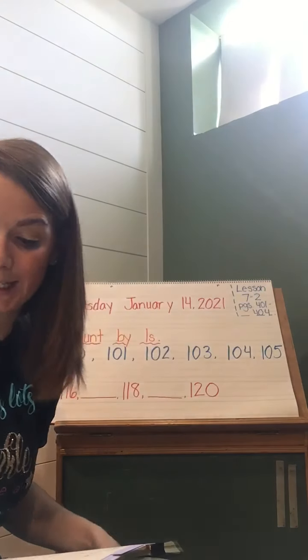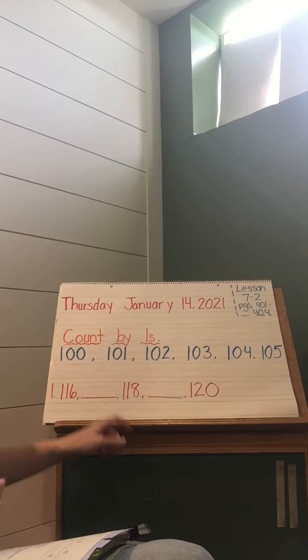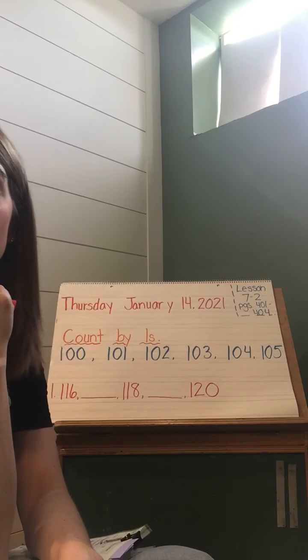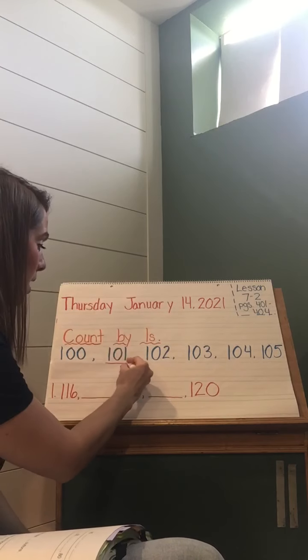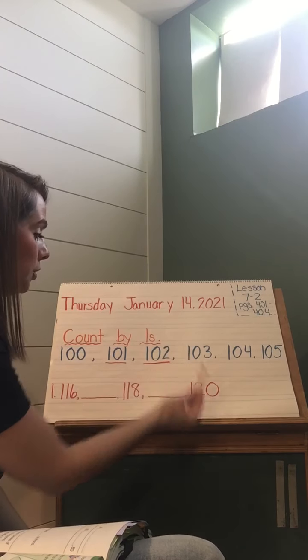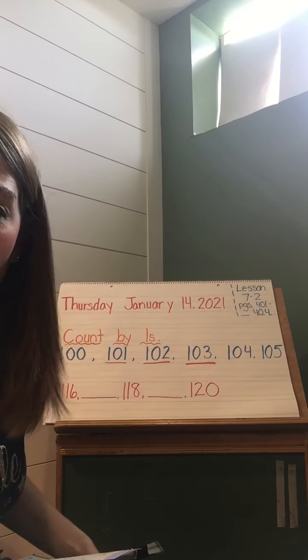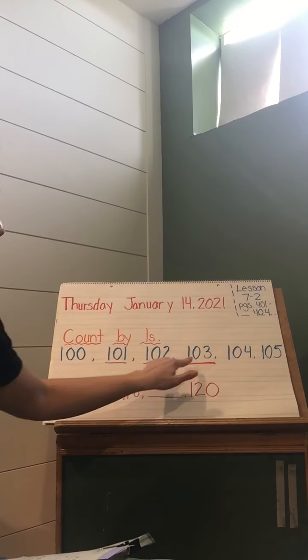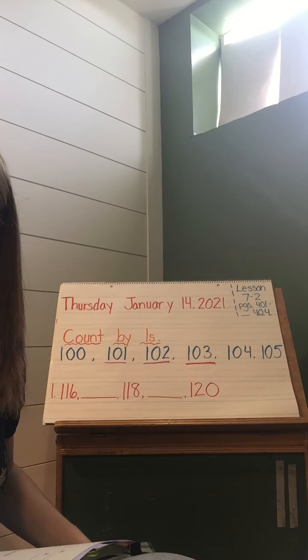If she says 100 last, Alex would say, good, 101, 102, 103. Go ahead and write those three numbers on Alex's speech bubble, okay?